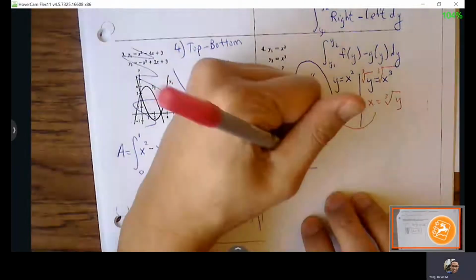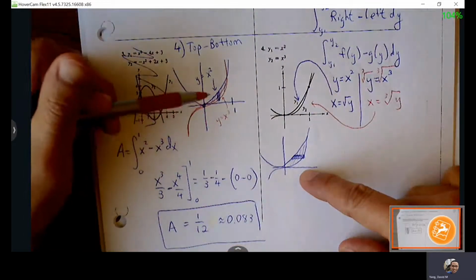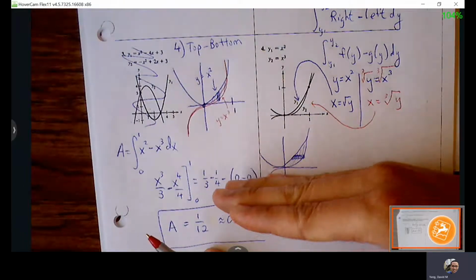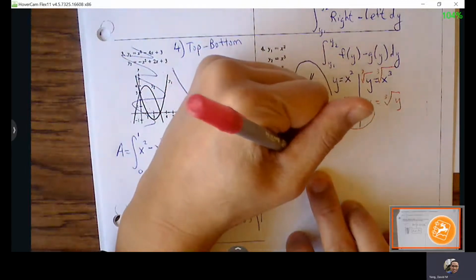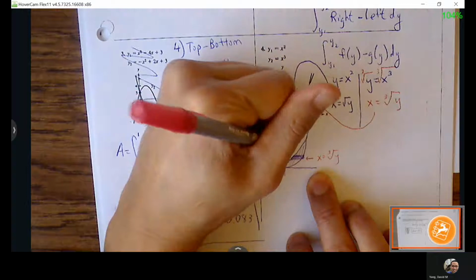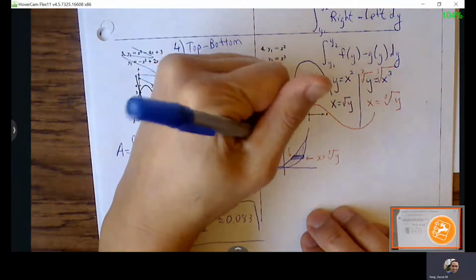So instead of lining up all these vertical rectangles, we're stacking these horizontal rectangles from the bottom to the top. So the graph on the right here is x equals cube root of y. The graph on the left here is x equals square root of y.